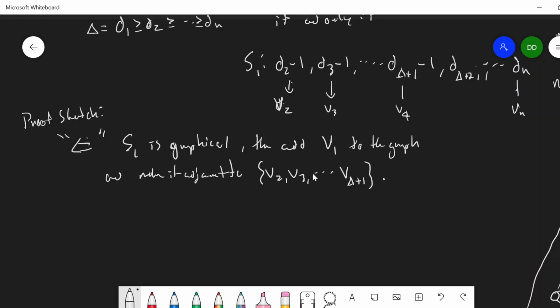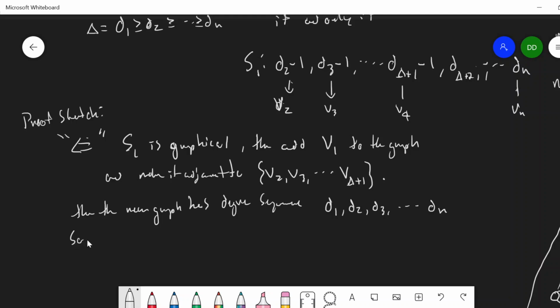And then the new graph has degree sequence D1, and then we added 1 to each one of these, D2, D3, Dn has degree sequence this, and hence the sequence is graphical, since there's a graph with that as its degree sequence.